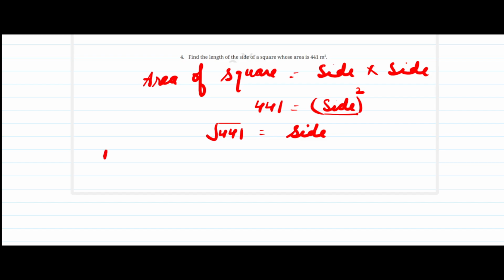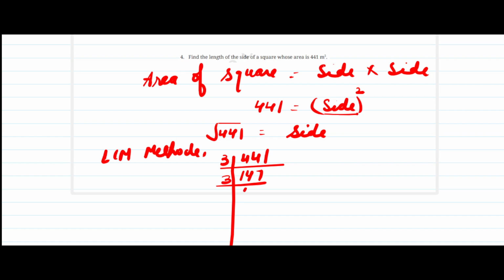So we will use LCM method here. LCM method. And what is that? Find out the pairs. Okay? So let's do it. 441. 441 is 147 divided with 3, will get 49, divided with 7 will get 7, and 7 by 7 it will give you 1.